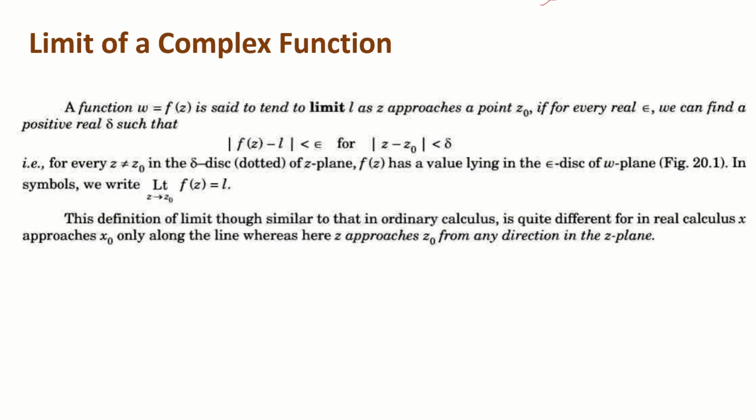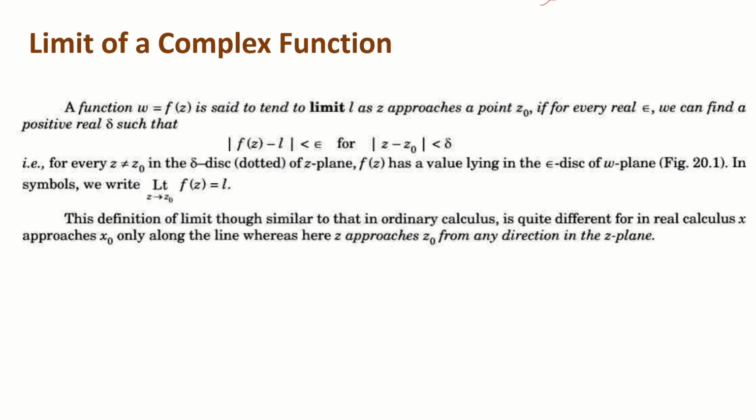So these lines mean that as I get closer and closer to z naught, my function gets closer and closer to L. And this definition of limit, though similar to that in ordinary calculus, is quite different from real calculus. In real calculus x approaches x naught only along the line, whereas here z approaches z naught from any direction in the z plane. That is what I said in the last slide, right?